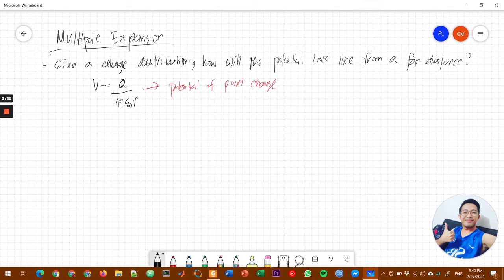However, this is for any given charge distribution, so that Q is the total charge of the charge distribution. Okay? R is the distance from the source to, let's say, the field point.